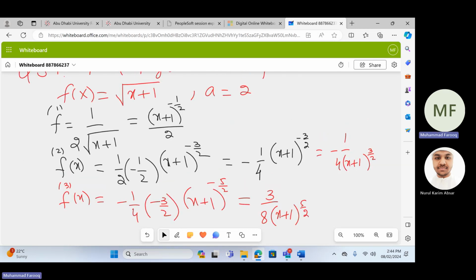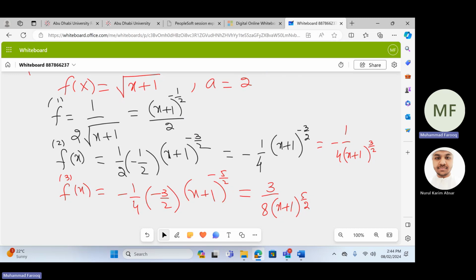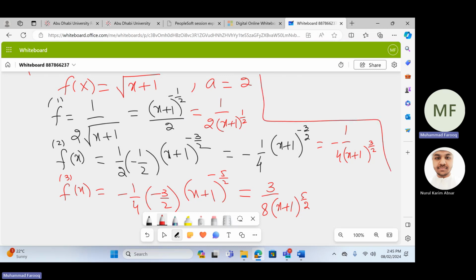Look at it, please. We have calculated 4 derivatives of this square root function. This is the first derivative: 1 by 2 times x plus 1 power half, in square root. Now please substitute in all of them.